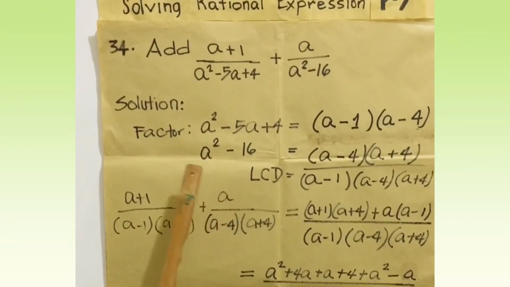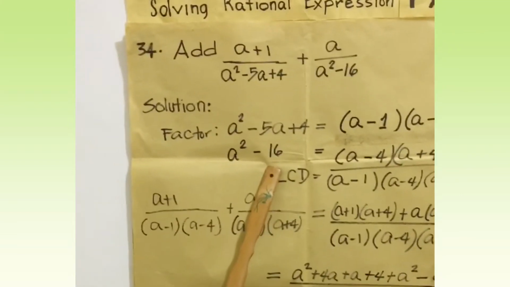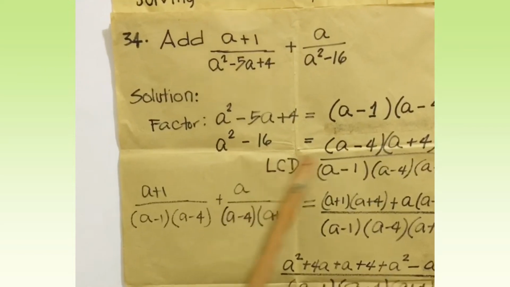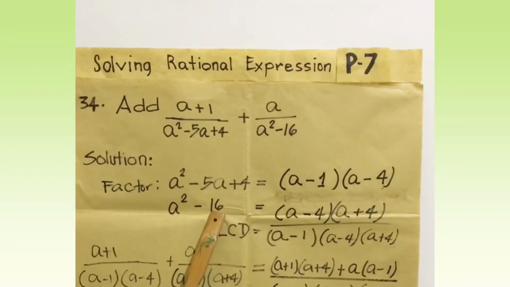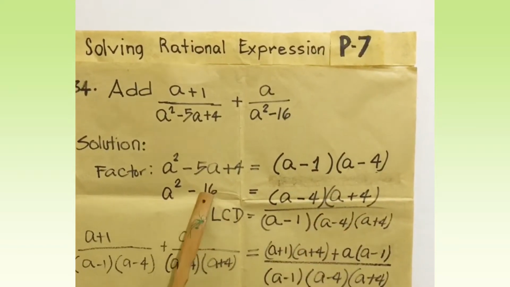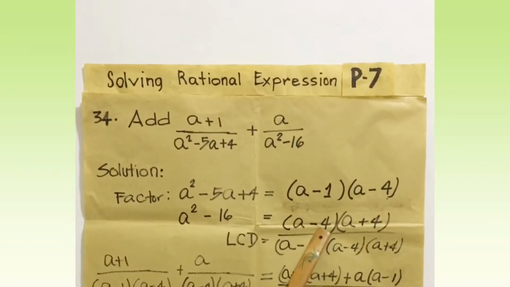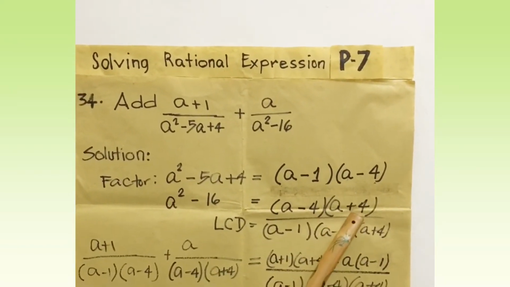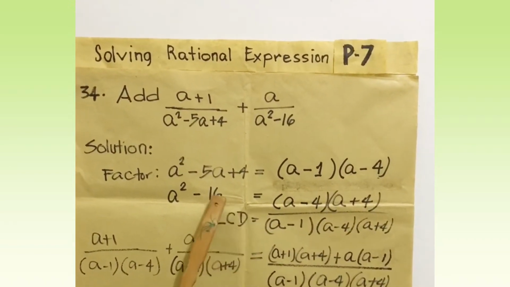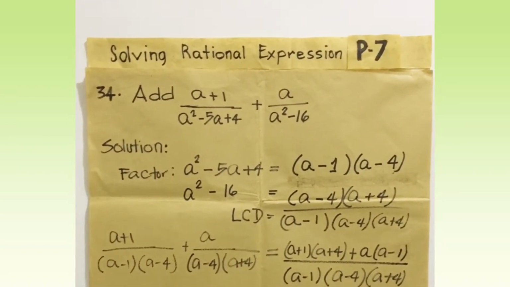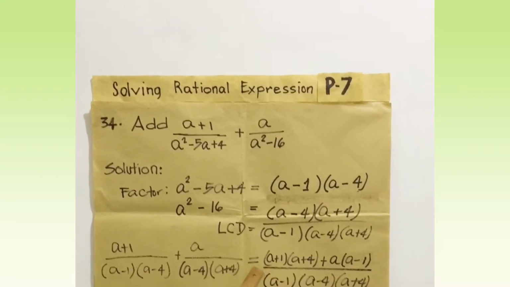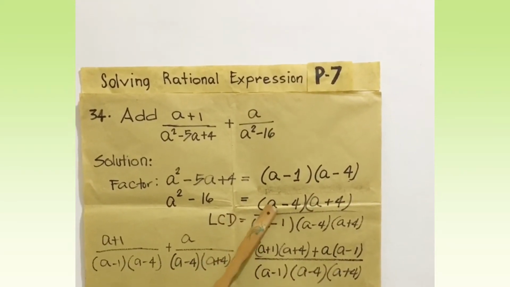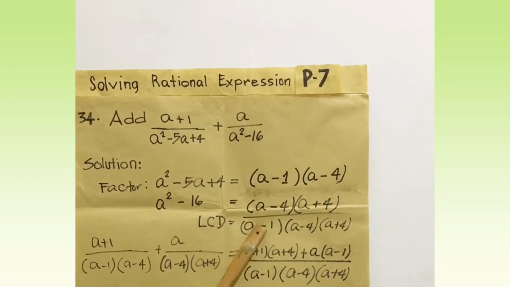Next, we're going to factor a squared minus 16. The factor of a squared is a and a, and the factors of 16 are 4 and 4. Then we check: negative 4 times positive 4 equals negative 16. Then for the result, we look for the common factors. A minus 1, no common, just put down.